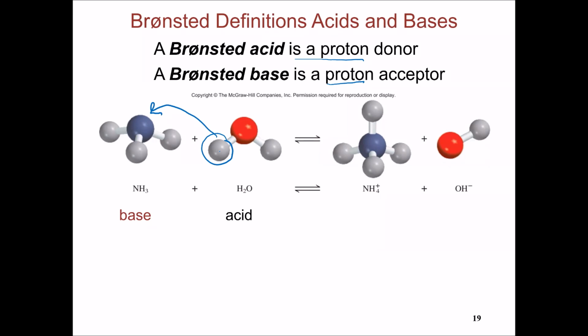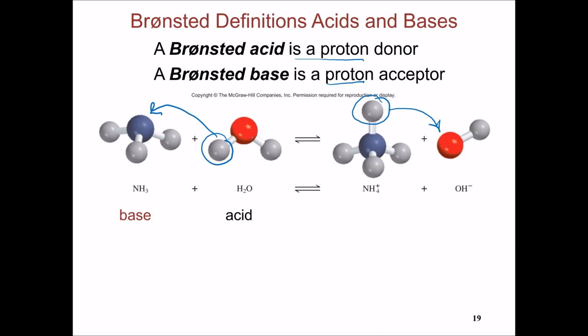If you look at the right-hand side of the equation, you can see the same possibility: the back donation of a hydrogen ion from ammonium to hydroxide to make water and ammonia again.